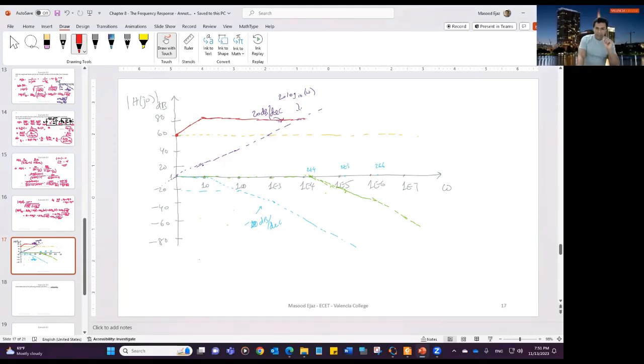And when it hits 20,000, then it's going to start decreasing by negative 20 decibel per decade, because these two are canceling anyways. So they are gone. Only this line is left. So it's going to start dropping by 20 decibel per decade. So 2 exponent 4, 2 exponent 5 is going to be 60.